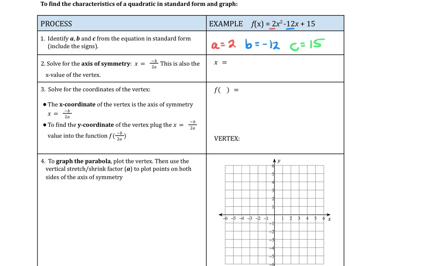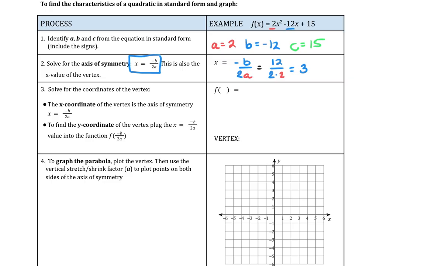I'm just going to use this equation to solve for x. x equals negative b over 2 times a. If we do negative 12, we get a positive 12 over 2 times a. I get 12 divided by 4, which is 3.